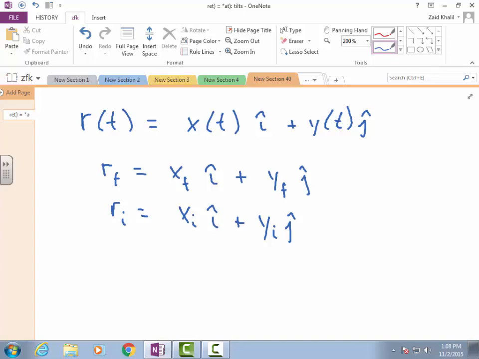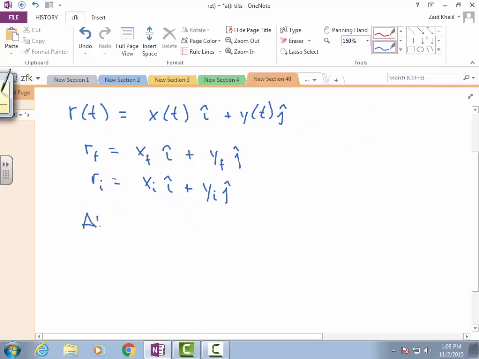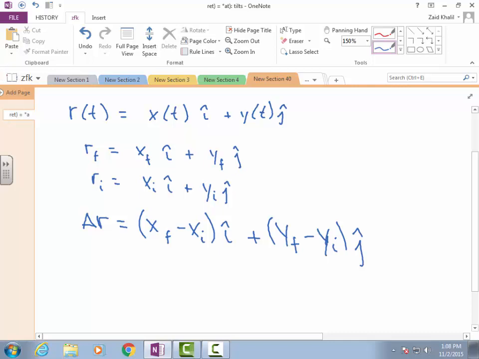And so there you have it. Therefore, delta R is equal to (xf minus xi) i hat plus (yf minus yi) j hat. And right now, you're actually getting a feel for what this whole unit's about. Namely, what happens in Vegas stays in Vegas.